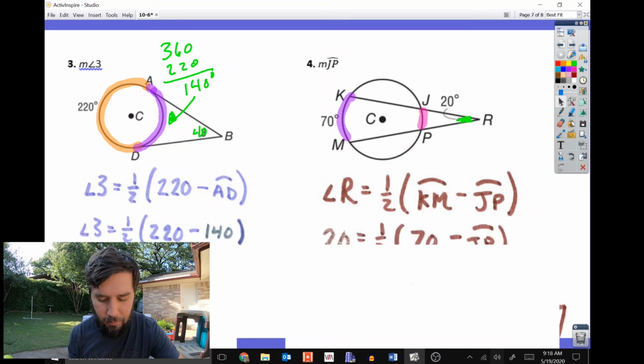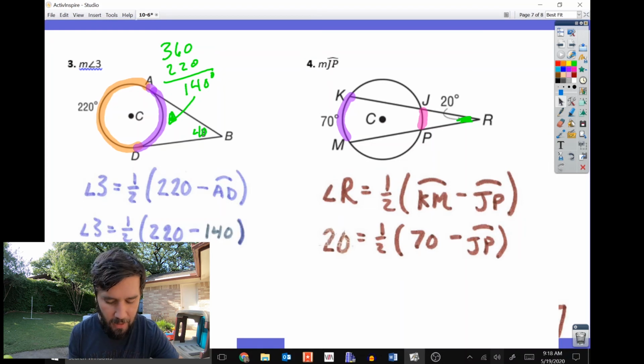And so let's put in our information here. We know that angle R is 20 degrees. We know we have 1/2, KM is 70, looking for JP. So think about it for a moment here. When we were working out these problems, first we took their difference, right? And then we took 1/2 of it. So what do you assume I'm going to do now for this problem? I'm going to work it backwards.